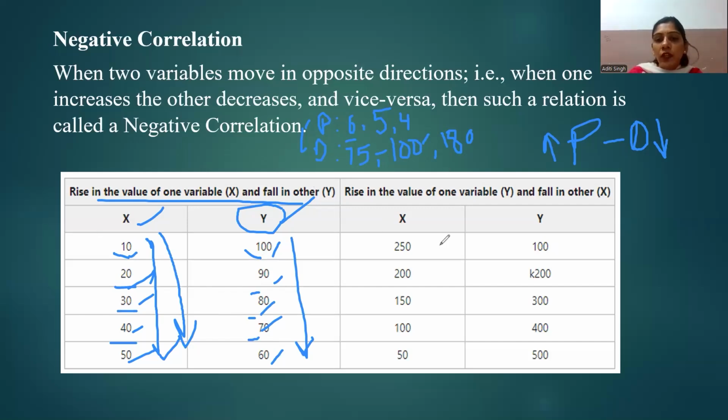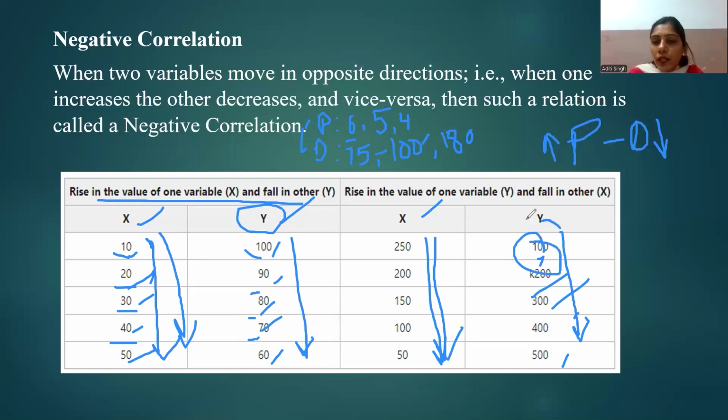Similarly, a rise in the value of one variable results in a fall in the value of the other variable. So the value of variable y is increasing: 100, 200, 300, 400 and 500. This results in a decrease in the value of x. When the value of variable y is 100, the value of x is 250.